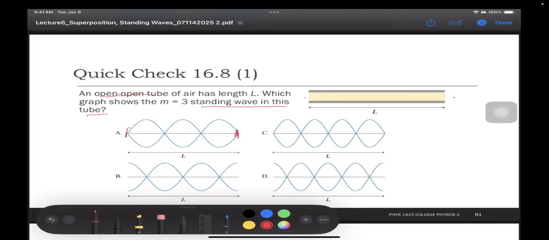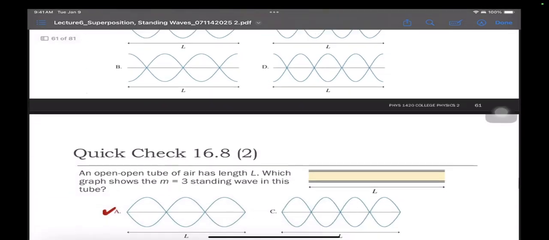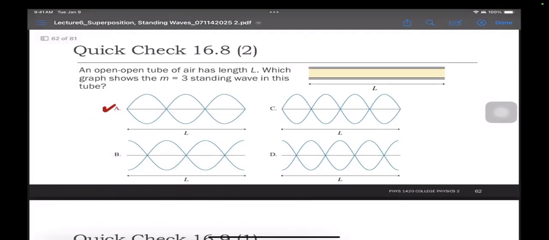But here m equals 3, which means there should be 3 standing wave segments, am I right? So I think it's obvious, and it should be A, because that graph shows m equals 3 standing waves in this tube.